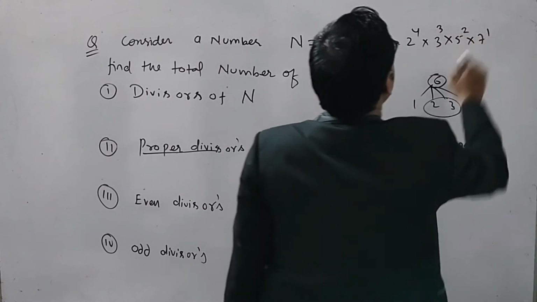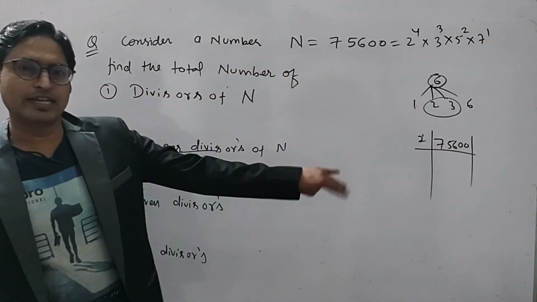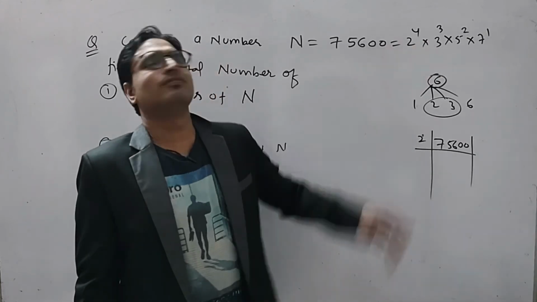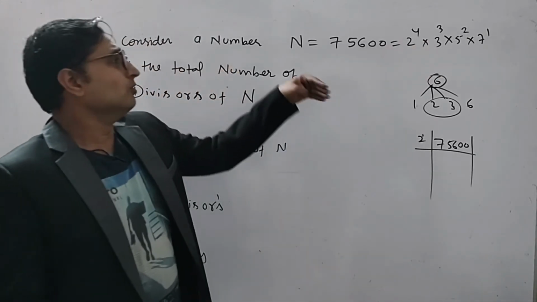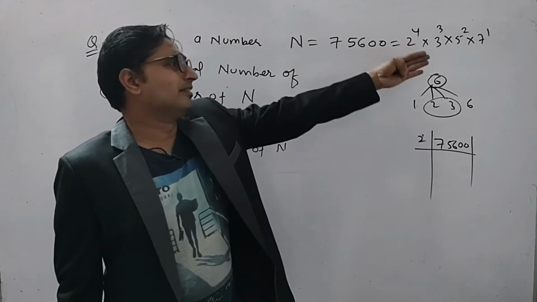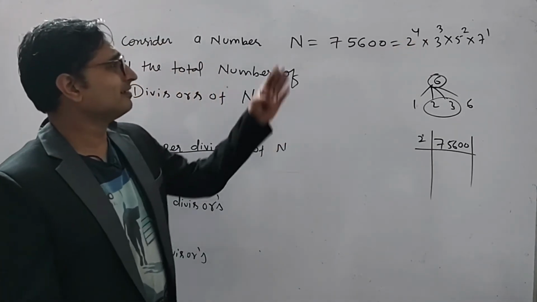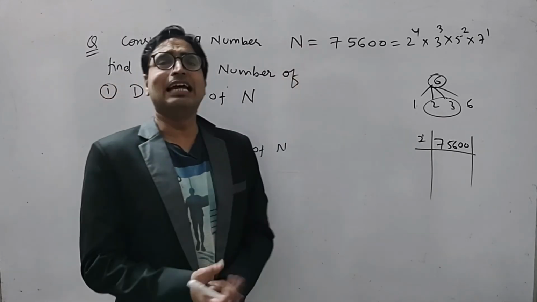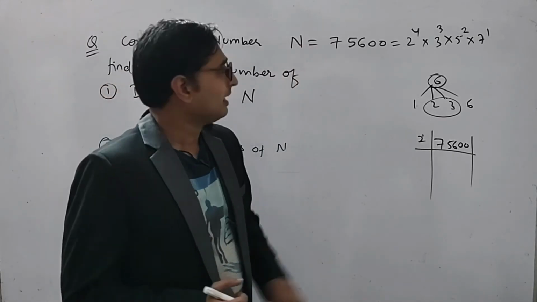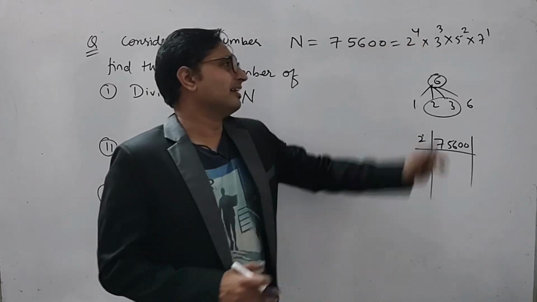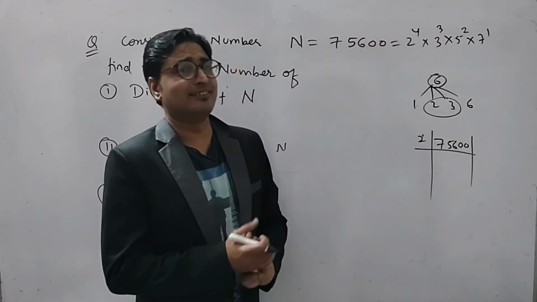If you go through the LCM method, you will find all the factors: 2 to the power 4, 3 to the power 3, 5 to the power 2 and 7 to the power 1. You can compare this question with the at least and at most conditions. Here four 2's are there, three 3's, two 5's and one 7.